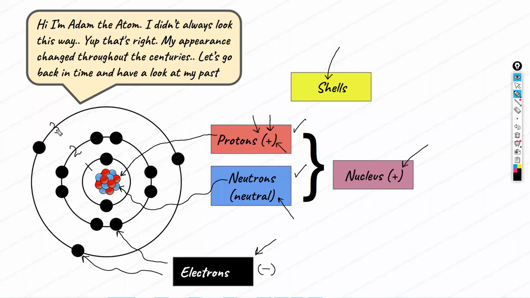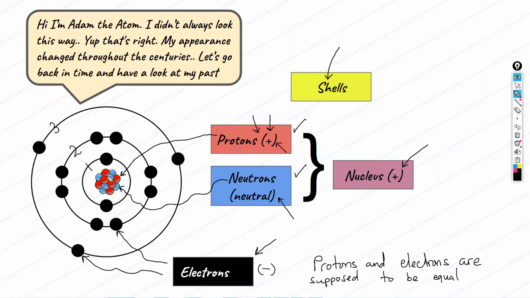Right? Now, here's another thing. Protons and electrons are supposed to be equal, right? So let me put a note here that's going to be important. Protons and electrons are supposed to be equal.